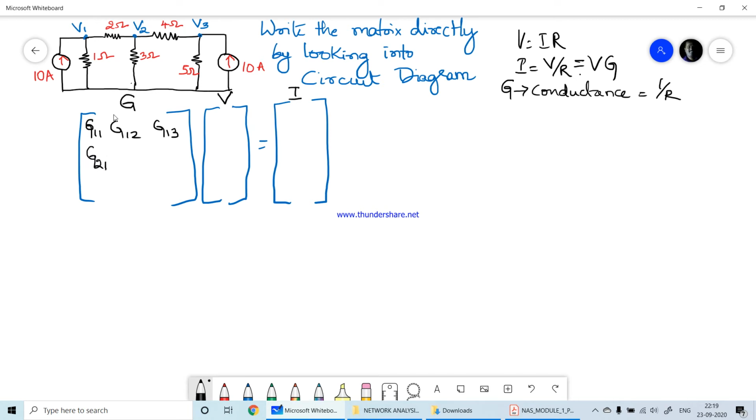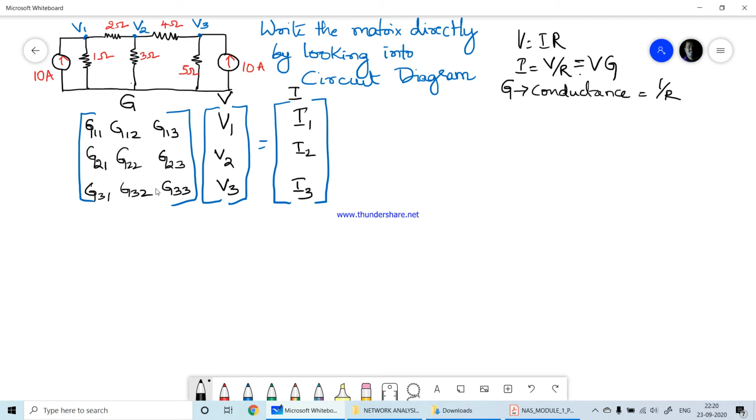There we took R into I equals V. Here we are taking G into V equals I. That is Ohm's law. So G21, G22, G23, G31, G32 and G33, multiplied by V1, V2, V3 and I1, I2, I3.